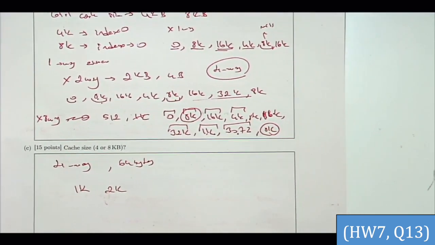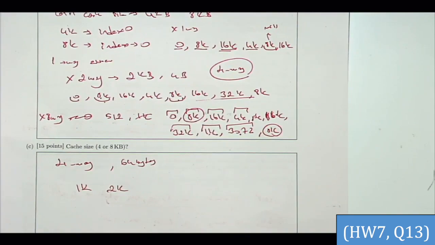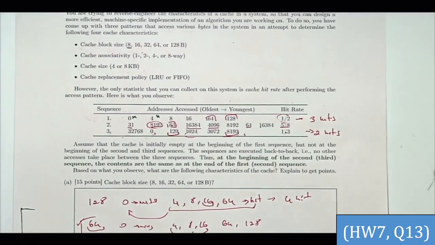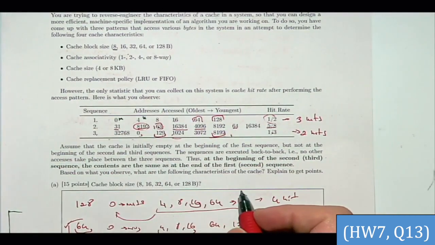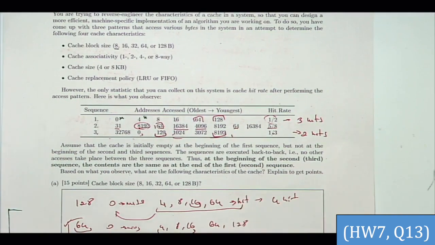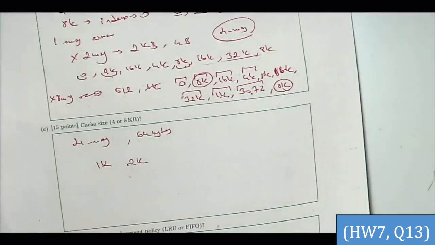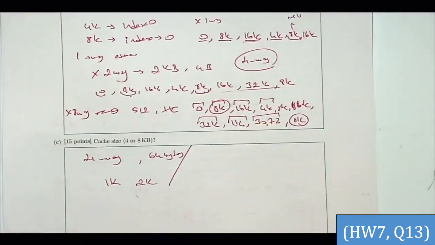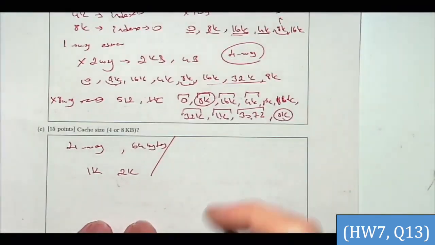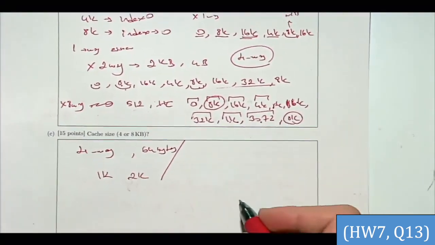So what we need to do is consider all of the sequences, but we're going to focus on the third sequence. So let's again write down the addresses that will map to index 0, which are the multiples of either 1K or 2K.